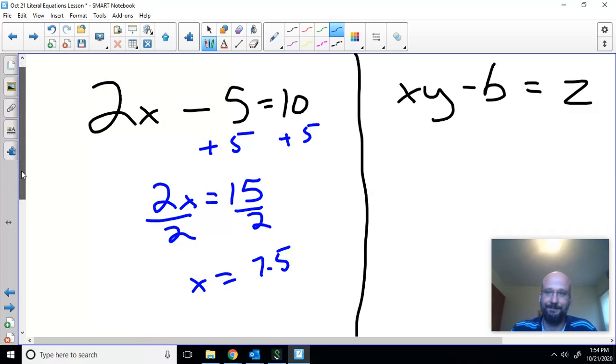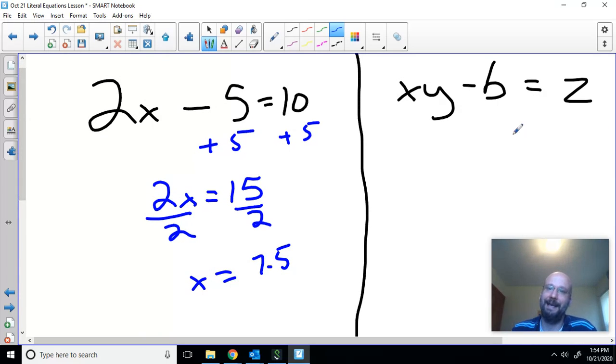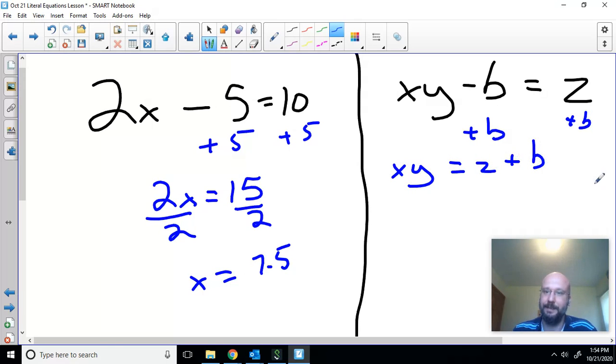Here, same thing, except now it's x times y minus b equals z. We're solving for x. I'm going to move the minus b over exactly the way I did with the minus 5. So that's plus b. That gives me xy equals z plus b because I can't combine it.